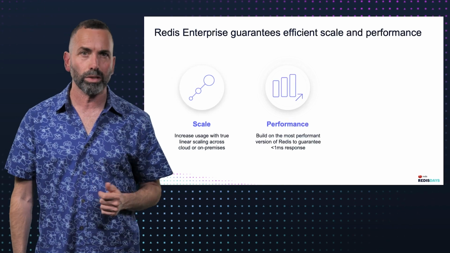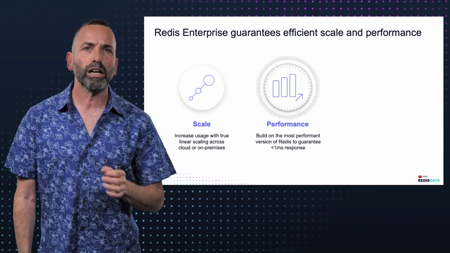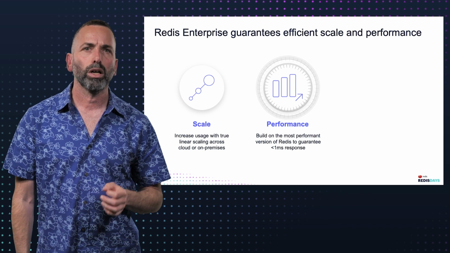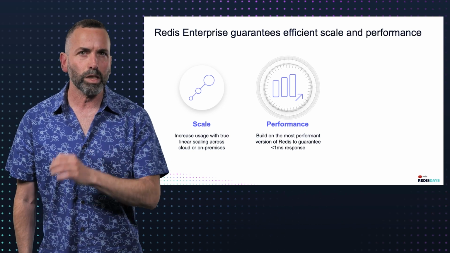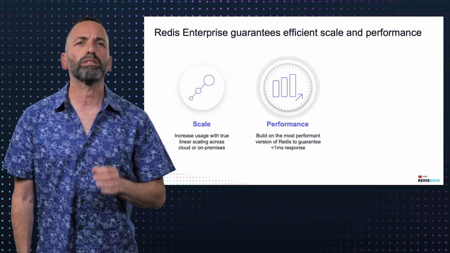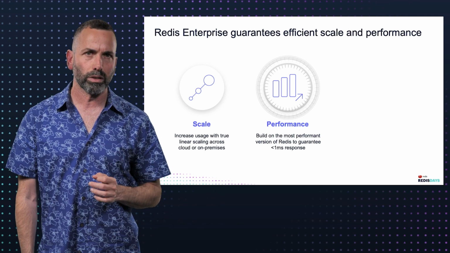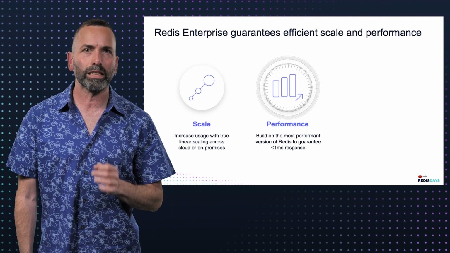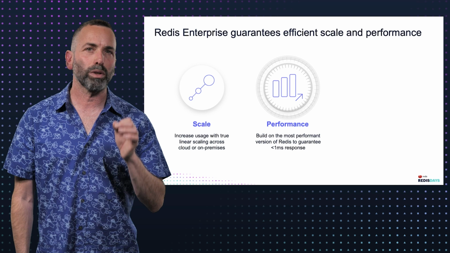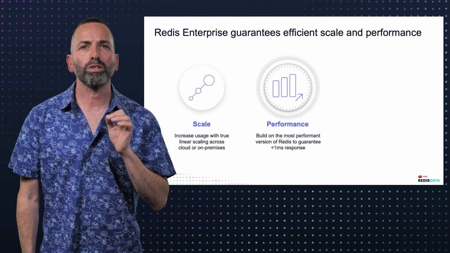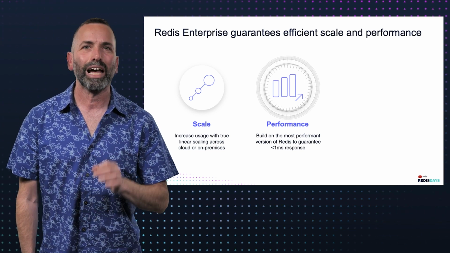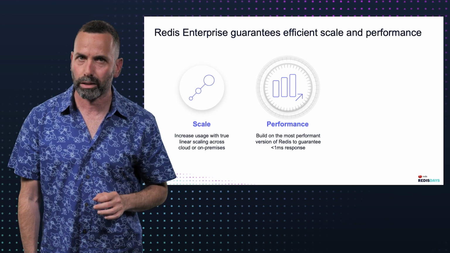Next, performance. To guarantee the sub-millisecond response times we expect of real-time experiences, you want to be using the most performant version of Redis. And Redis Enterprise is the most performant at scale, with the ability to support sub-millisecond responses at millions of operations per second.